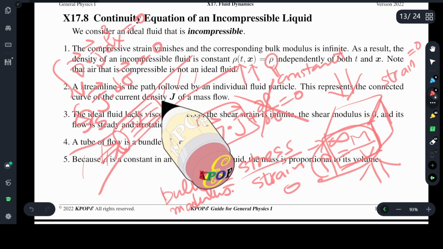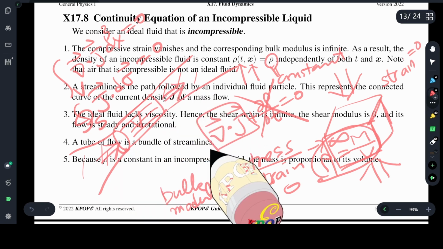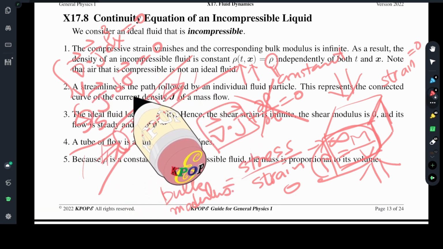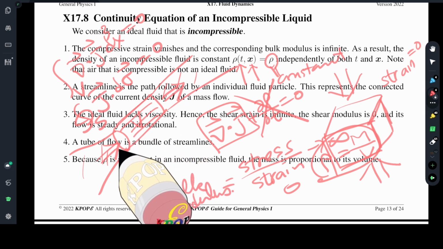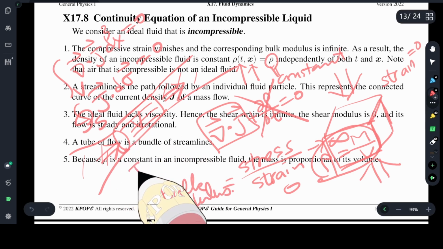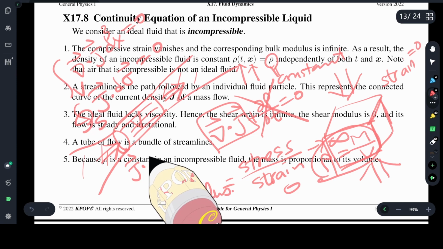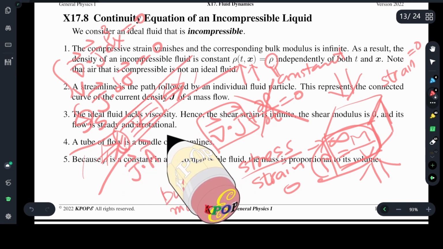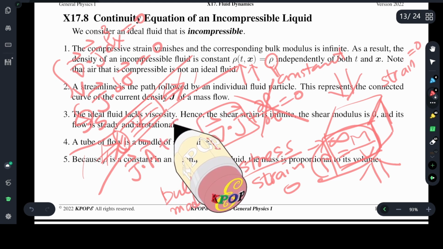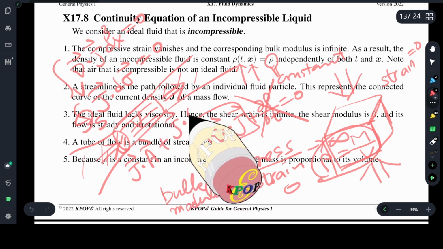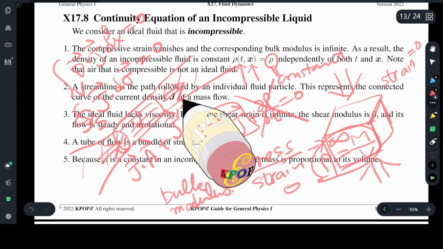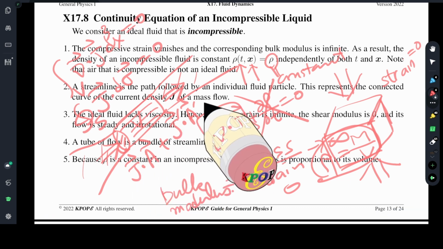Flow comes in and comes out. If I compute this, I have J dot this area plus J prime dot this area, A prime. And this should be 0.